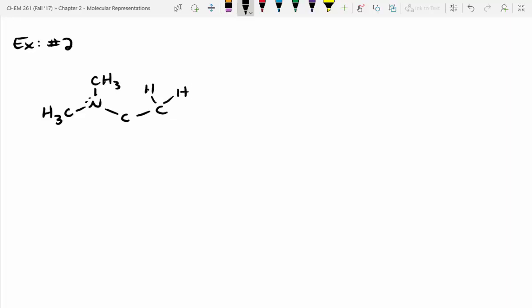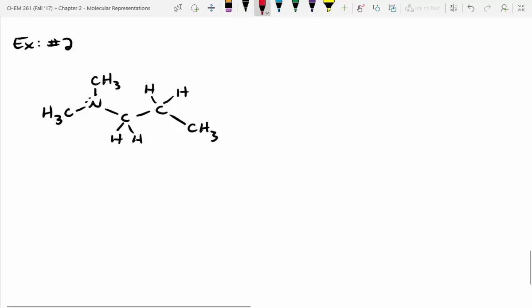I'm going to have 2 hydrogens coming off of these carbons, and then CH3. Let's try to determine the resonance structures for this. What do you guys think we should do? Are there resonance structures? No. Why not?